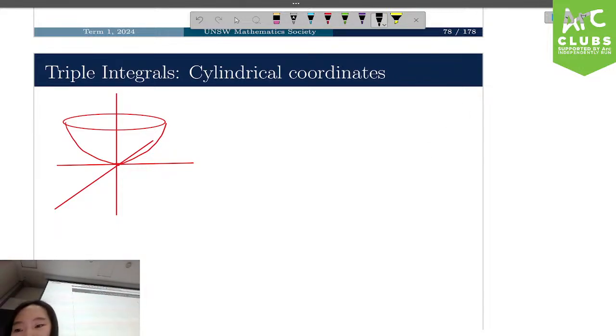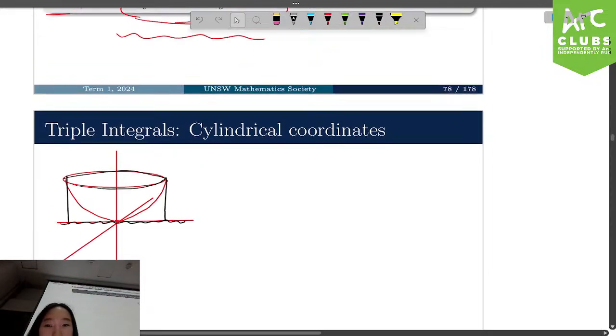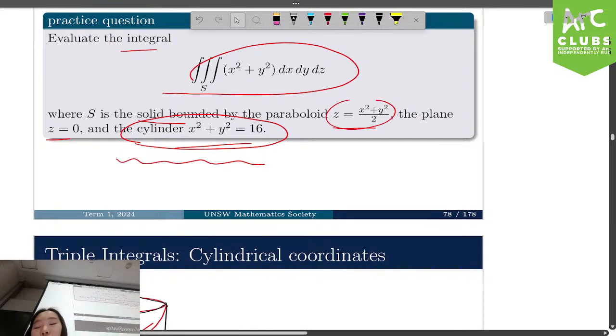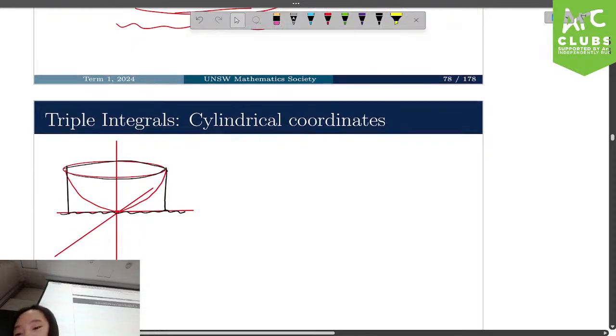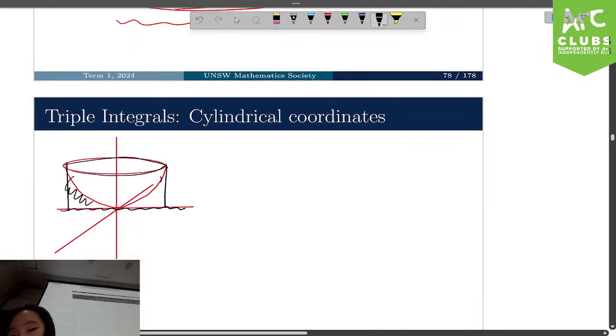And where is our cylinder? It's over here. We have a cylinder here. These are the intersections. Don't forget we have the z equal to 0 plane, which is just this plane, okay? And the solid volume bounded by the 3 surfaces would just be this part, or use your imagination, okay?